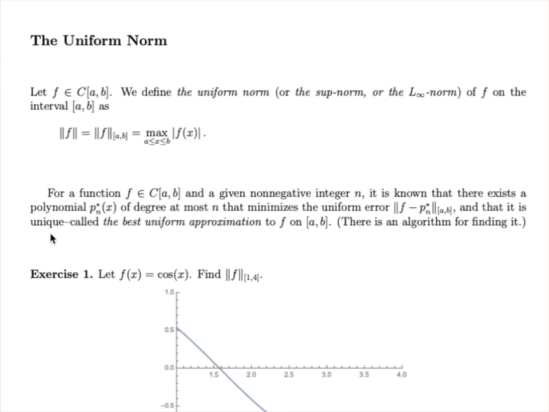And that is unique, which we call the best uniform approximation to f on AB. There is an algorithm called the Remez algorithm for finding such a best approximant.